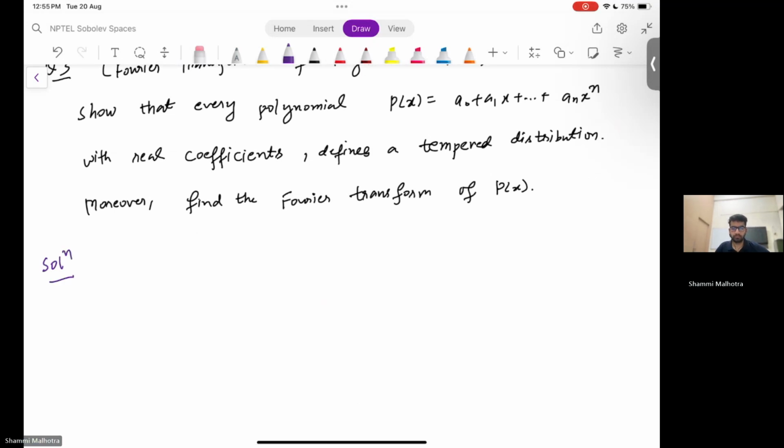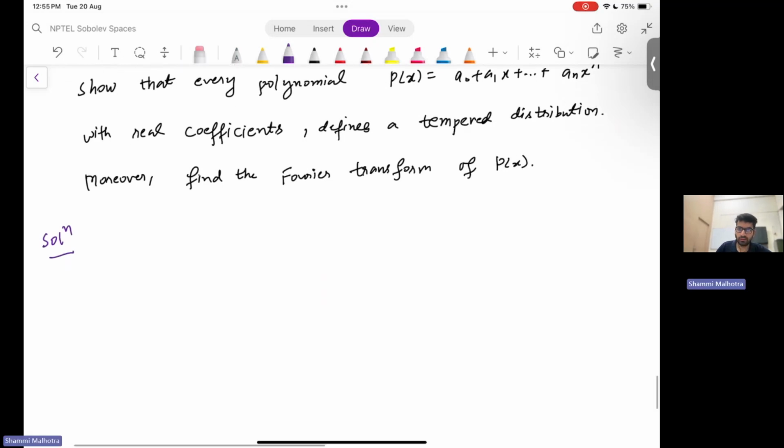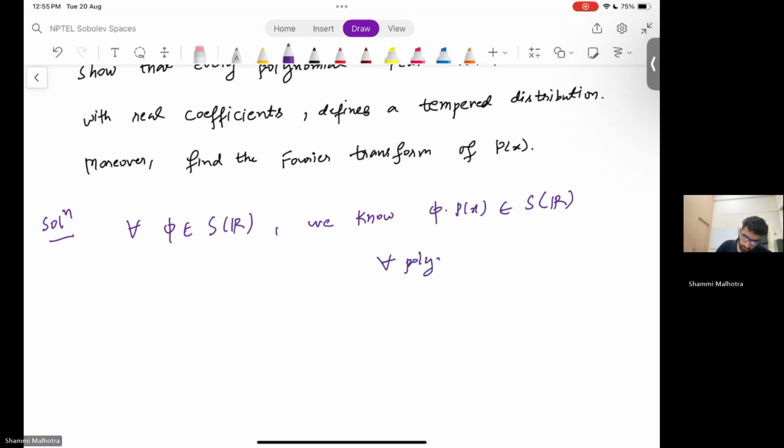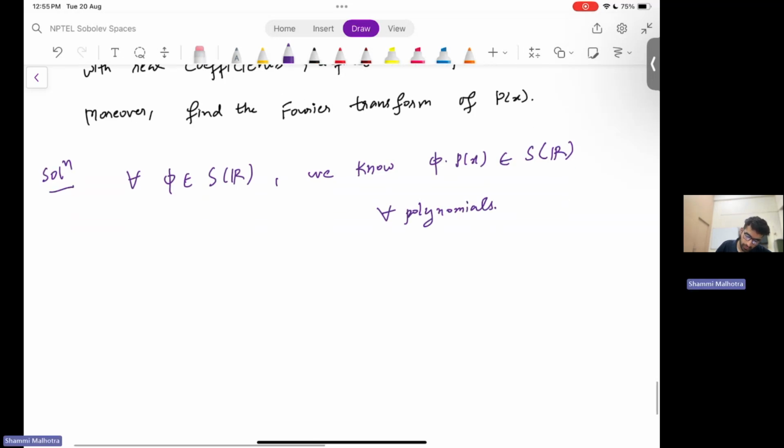So actually, as I told, the Fourier transformation is defined in the distribution sense only in the sense of tempered distributions. So as we know, for all phi in Schwartz space, phi times p(x) is again in Schwartz space for all polynomials. And what does this imply?